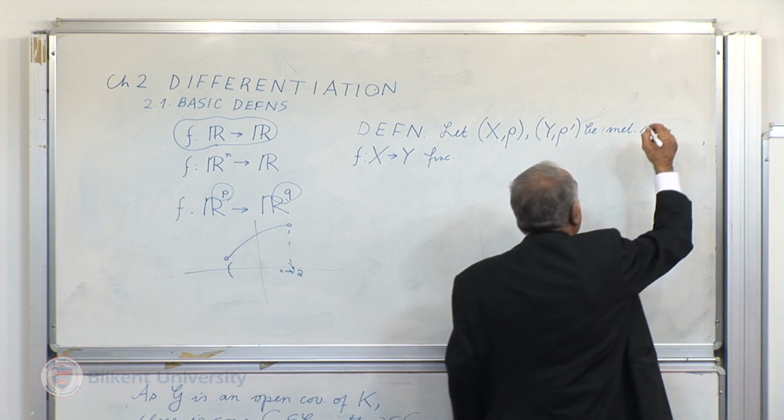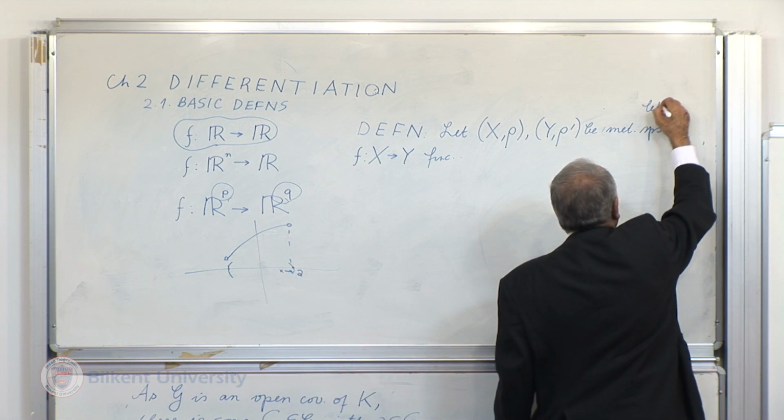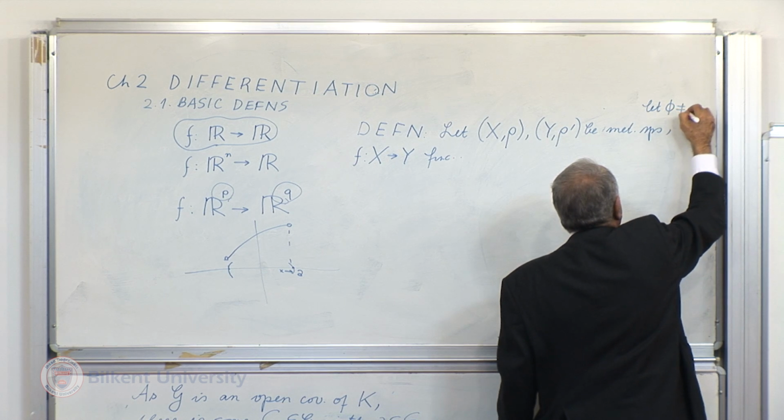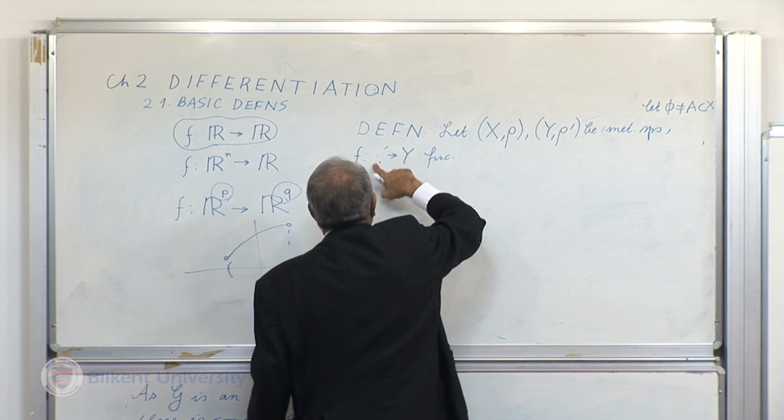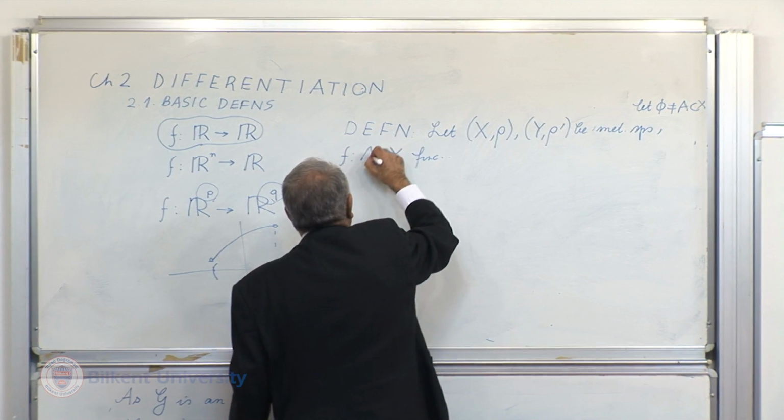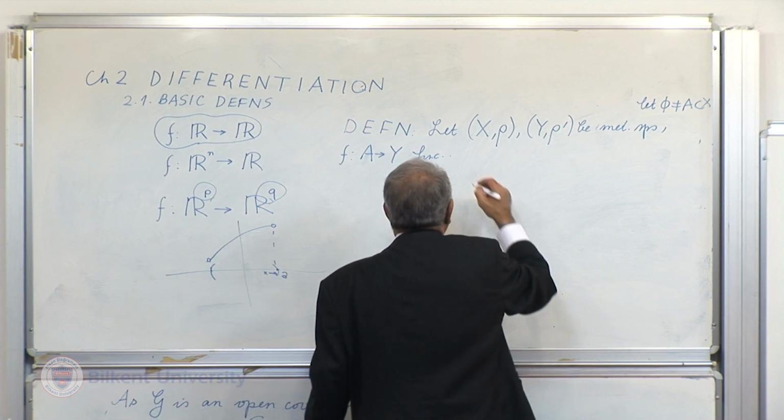let me write it like this. That directly, that will be shorter. Let A be a subset of X and let me take f on A to Y, a function.